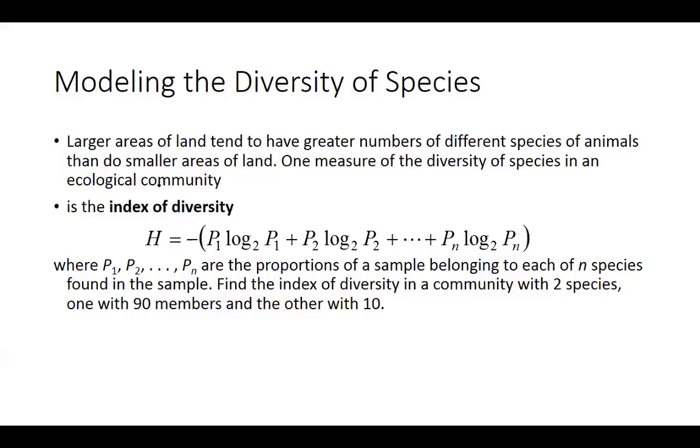So in this case, it says find the index of diversity in a community with two species, one with 90 members and the other with 10 members. Let's see how we're going to use this formula to solve this.